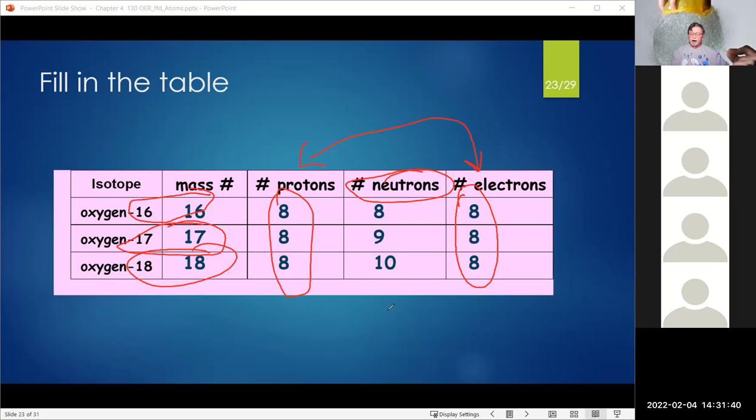And so the most common isotope is oxygen 16, and I know that by going to the periodic table. Look at the atomic weight, you see it to be 16.01. And so that tells me automatically the most common isotope is oxygen 16. Okay.